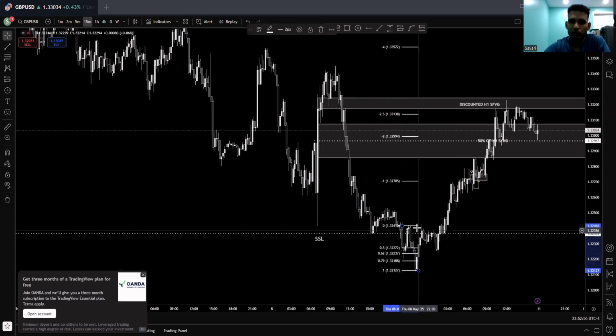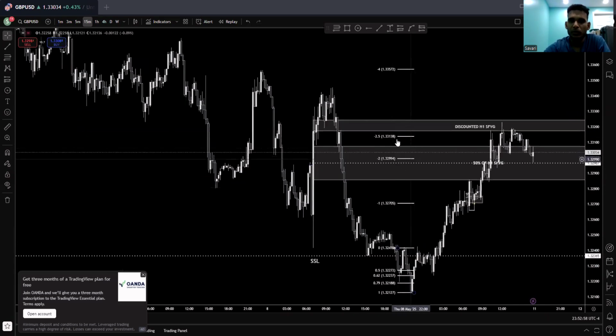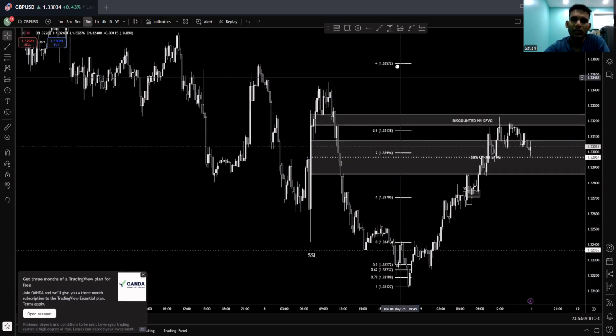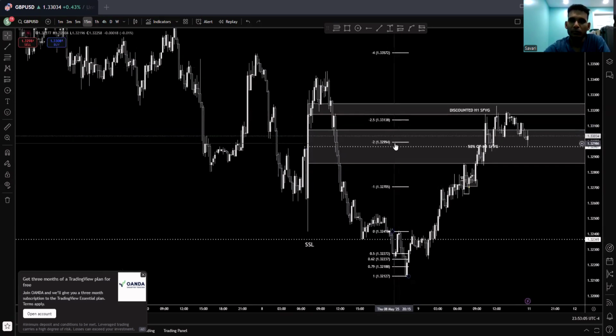The last manipulation candle before the structure shift, this is going to be my 2 to 2.5. You don't need to hold until this point. This is where you need to take off your position. So this is the optimal take profit. This is the price which I marked as the optimal place for booking profits.